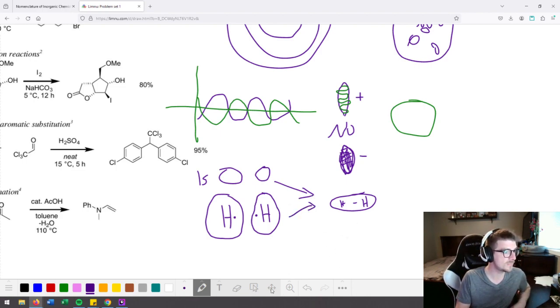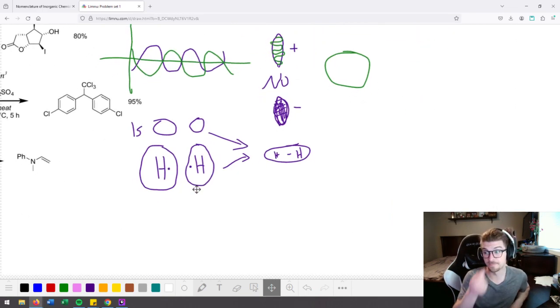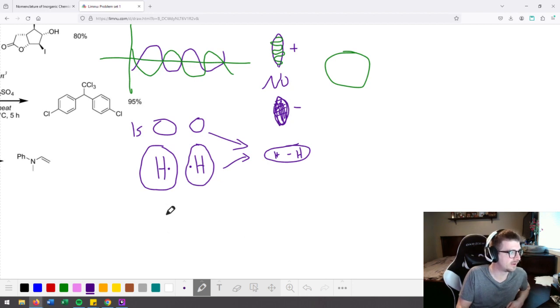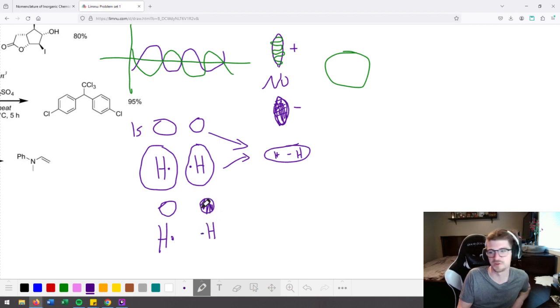But there's another way that these could interact, and that is if one of them is positive. I'm just going to draw this above the hydrogen atom. If one of these has a positive phase and the other one has a negative phase, we depict that by shading one of the phases.